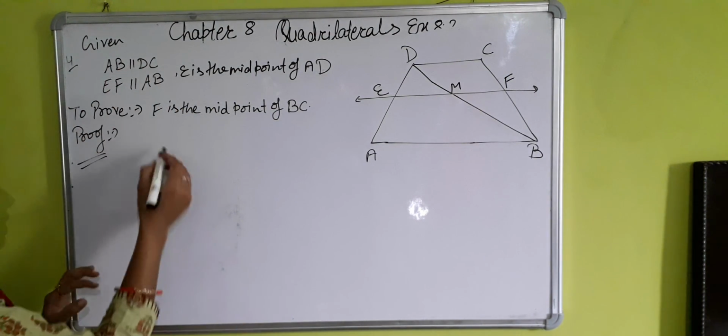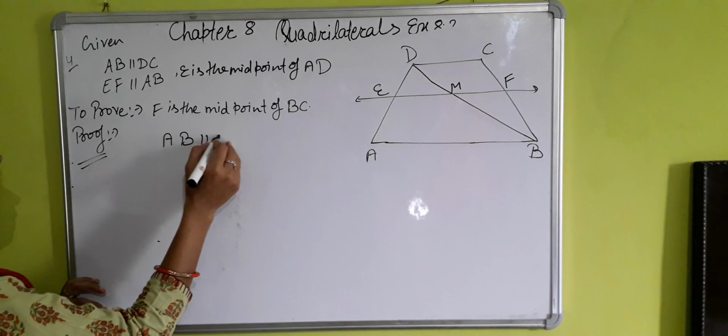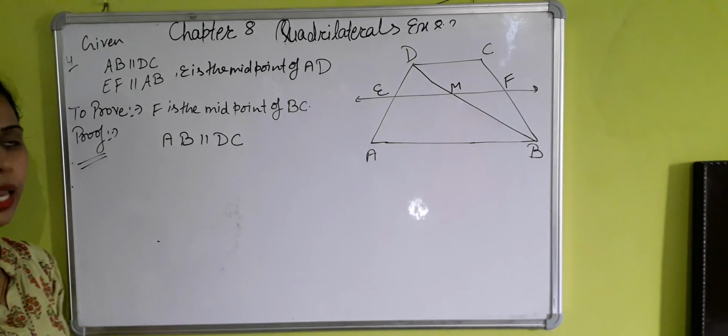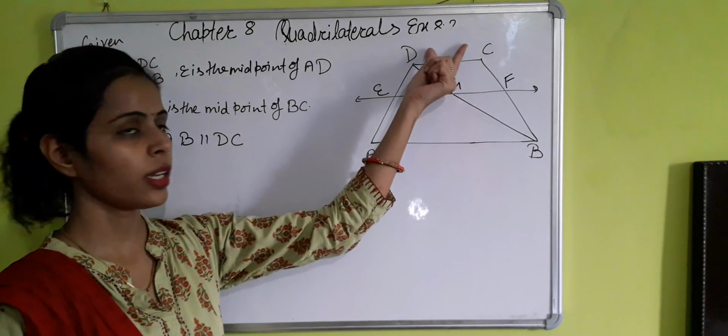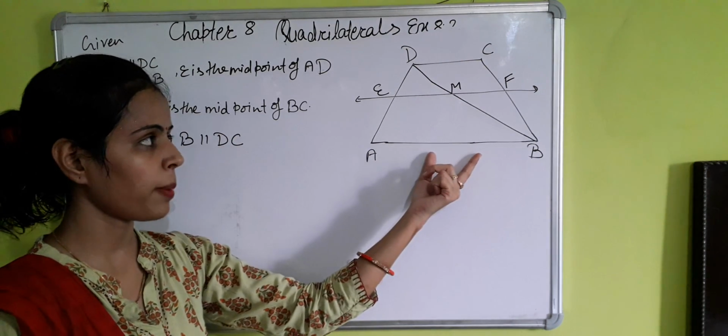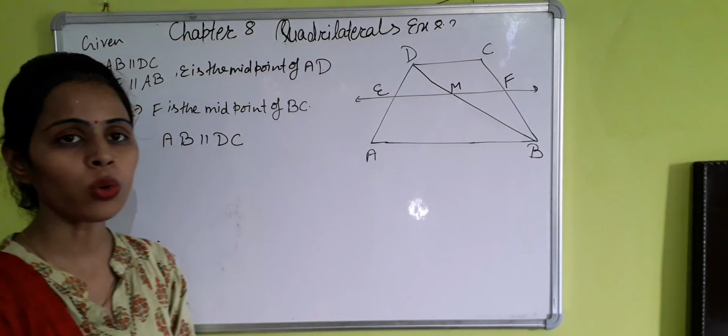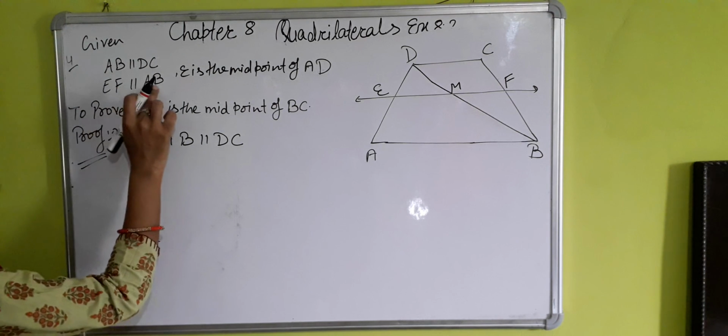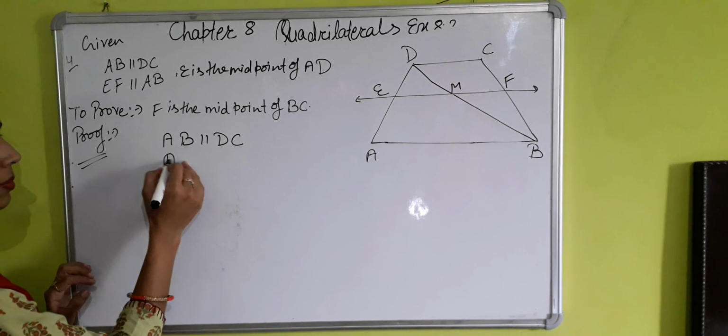AB is parallel to DC, given. And this line AB is also parallel to EF, given.